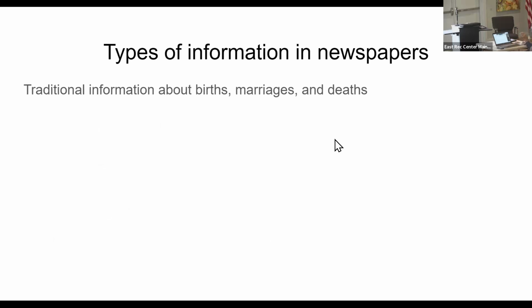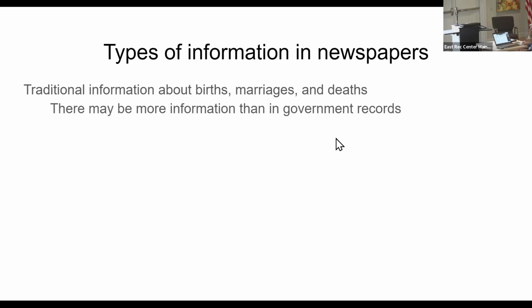I have a sister, we'll get to her in a minute, with an absolutely classic picture of her and her marriage. Often there's just a lot more information than you get in the government record, where you're pretty lucky if you get the father and mother listed. By the time you get to the wedding, you get the names of all of the participants in the wedding and all that.